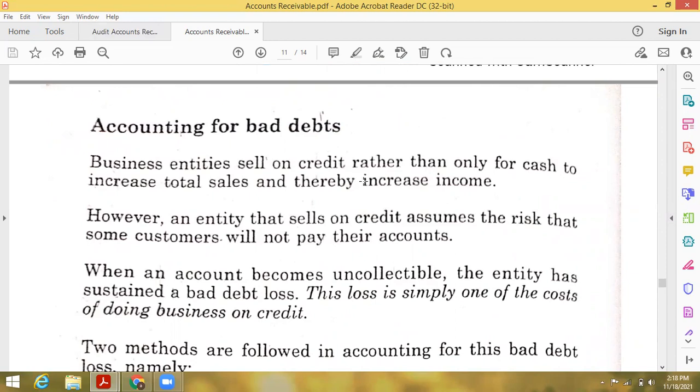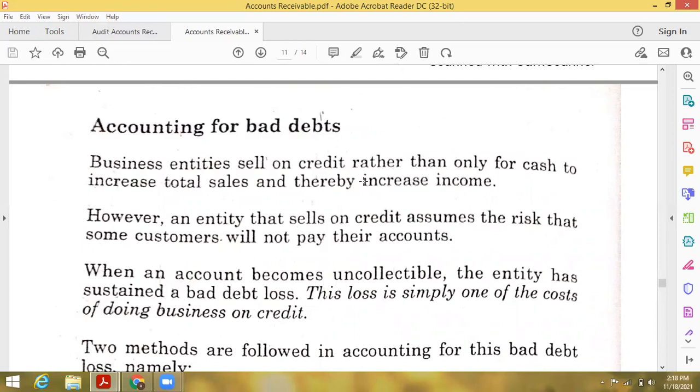However, some entities, syempre, pag nagpautang ka, hindi mo yan 100% guaranteed that you will collect it 100%, di ba? So, dahil pag ganun, pwede kang mag-set up ng allowance pa, which is allowance for doubtful account.